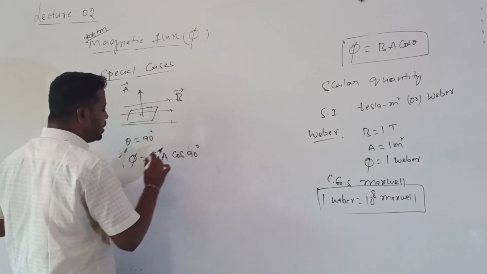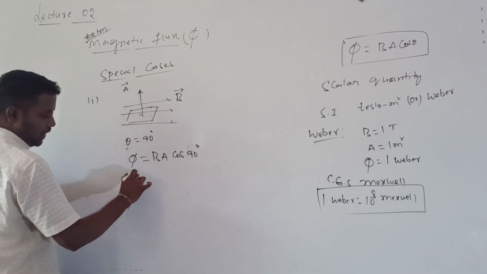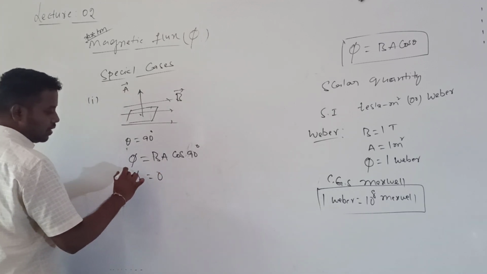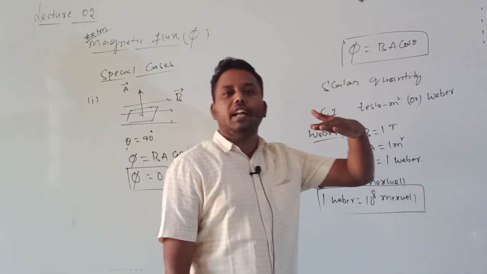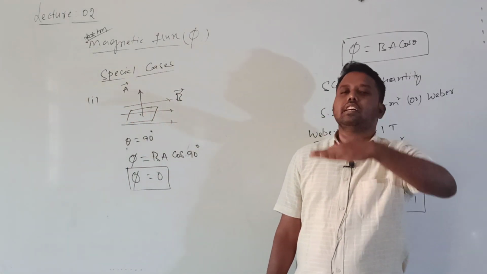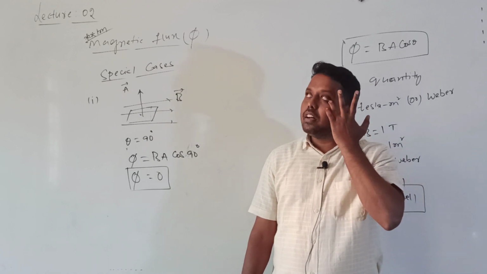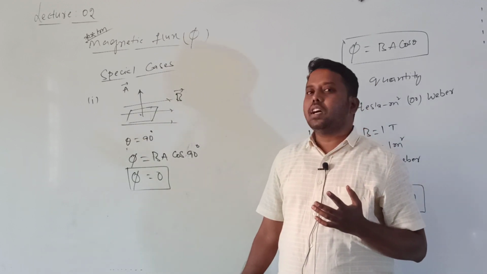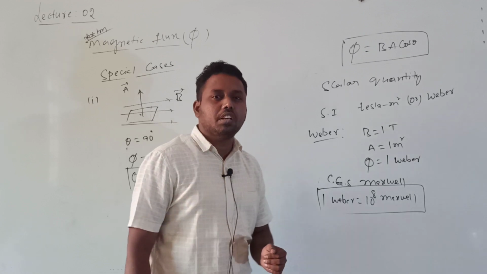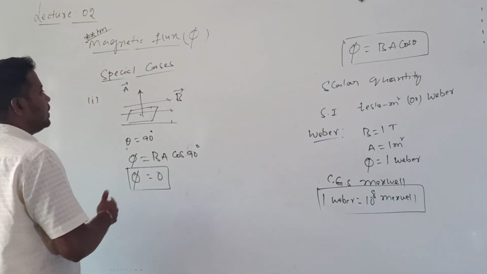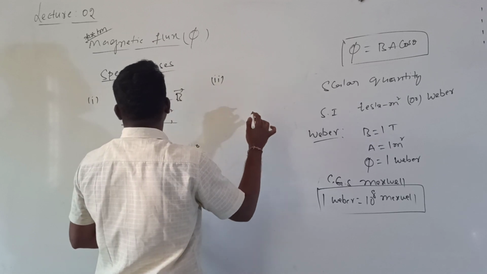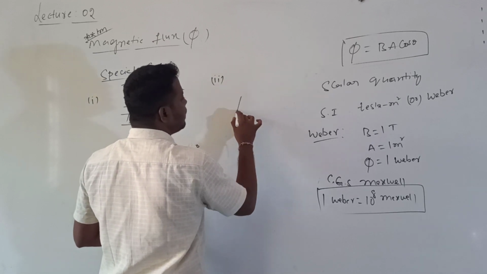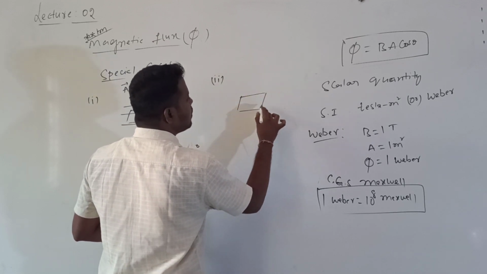Cos 90 value is 0, that's why flux value will be equal to 0. Always remember, whenever the magnetic field is tangential to the given surface, the magnetic flux value will be equal to 0. Okay?